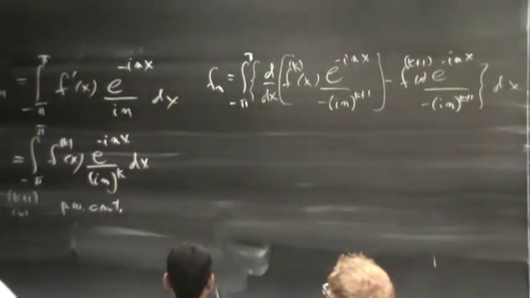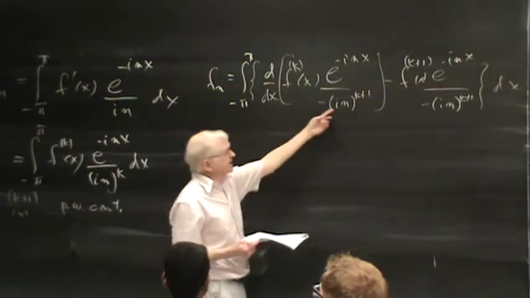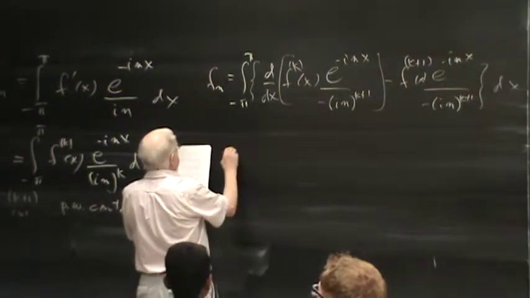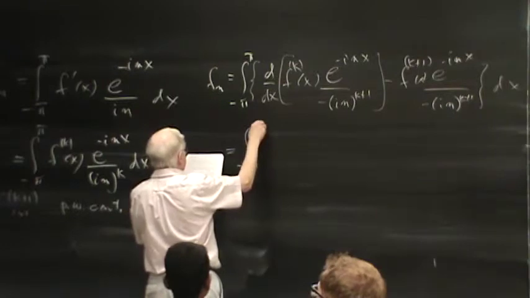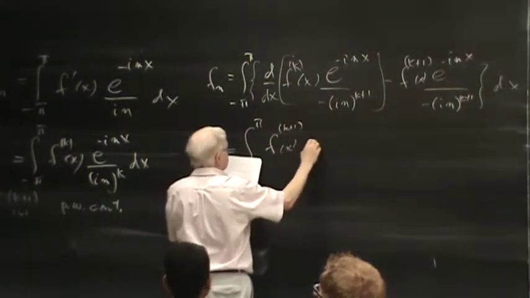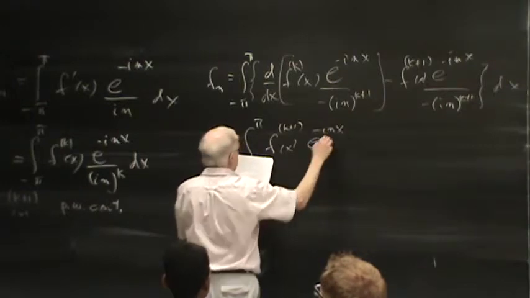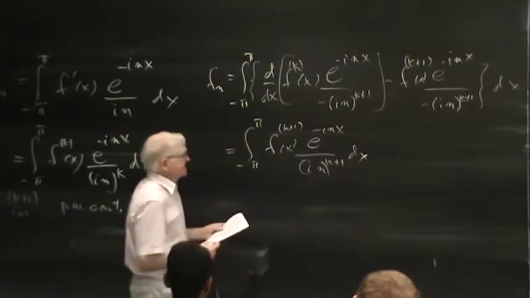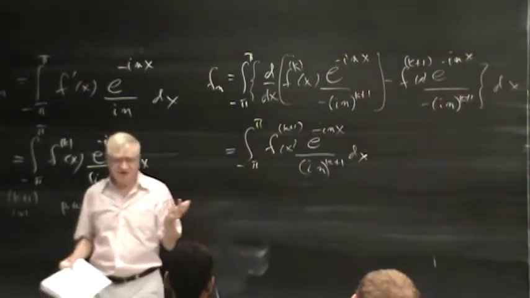This thing is still periodic, so the surface term vanishes. What we get then is minus the integral from minus pi to pi of f^(k+1)(x) e^(-inx) over (in)^(k+1) dx. Since this is piecewise continuous, it's integrable.